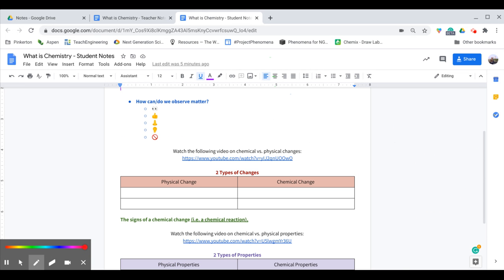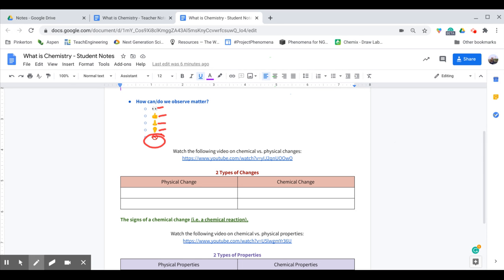Okay? So the question becomes, why does matter matter? And how do we observe matter? So this is where our five senses come into play. So we observe matter with our sight, our touch, our sense of smell, our sense of sound, and the last sense is taste, which we will never use in this class.